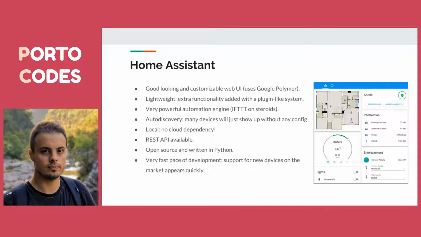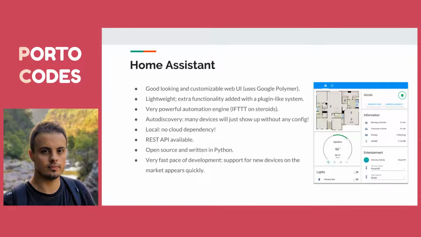So it's a home automation software. It runs as a service. You can run it anywhere. It exposes the UI from a website, a web UI. You install it on your computer and access through your computer IP address. It is light.